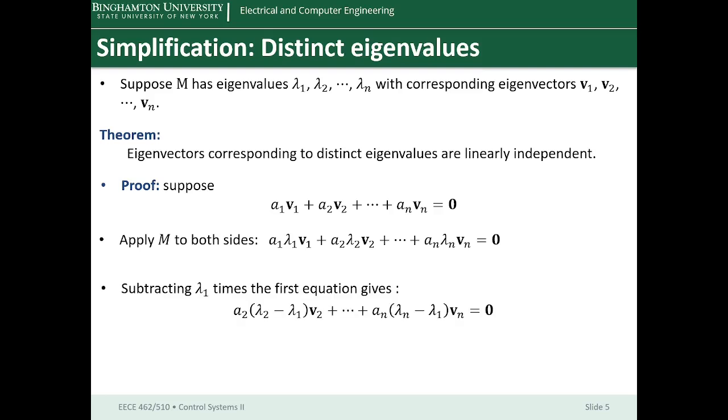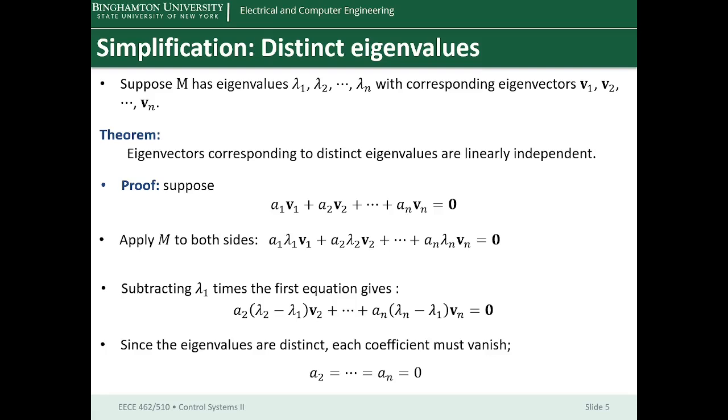If we subtract lambda 1 times the original equation from this new one, the first term cancels out, leaving only the rest. Terms like a2 times (lambda 2 minus lambda 1) times v2, and so on.